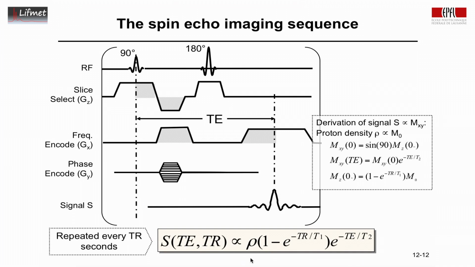It is proportional to the proton density, M0, times e to the minus this term here, that's the longitudinal coherence, and this is the decay of the signal due to T2 for the spin echo sequence. And we'll work now through the basic contrasts. How do we take from this equation here, which has a number of terms, how do we produce the three basic contrasts, proton density, T1 weighted imaging, and T2 weighted imaging, that I introduced at the beginning?